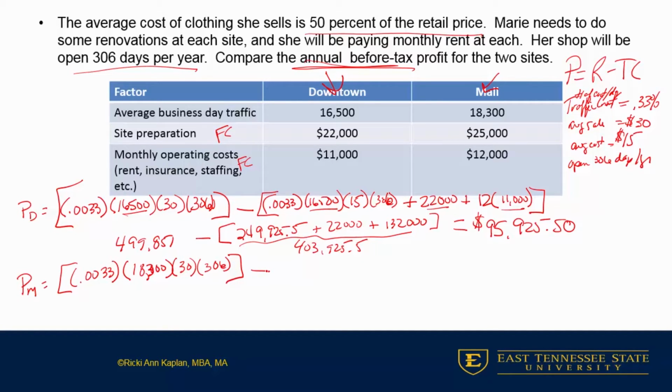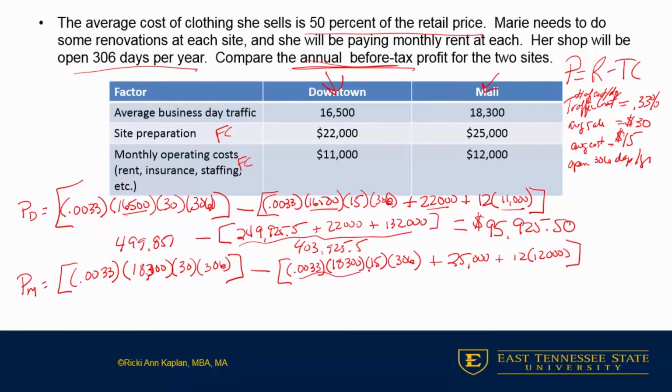Looking at my total cost side, variable cost is going to start off with, again, 0.33% or 0.0033 times the mall's daily traffic count, 18,300, times the cost of my clothes, the $15, times the days open, plus my fixed cost, which here is 25,000, plus 12 months times my operating costs, which is 12,000.